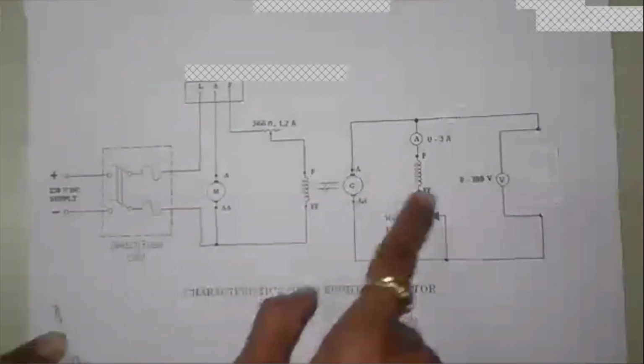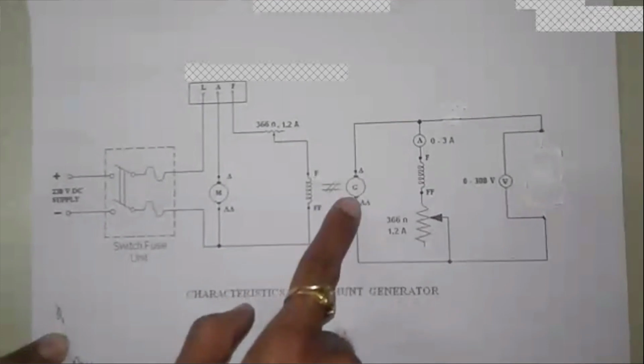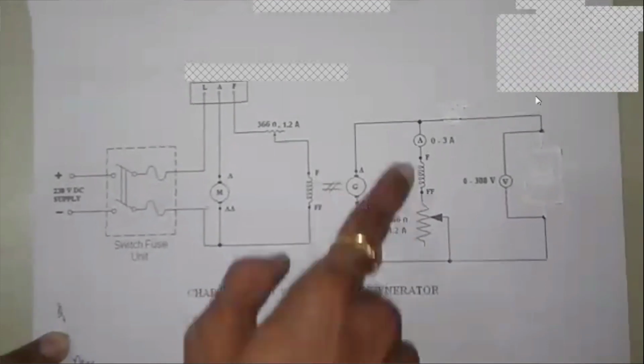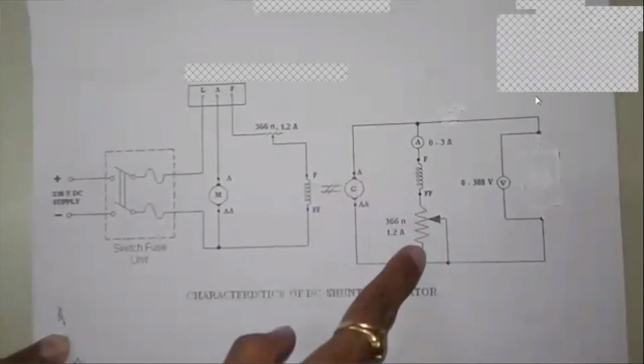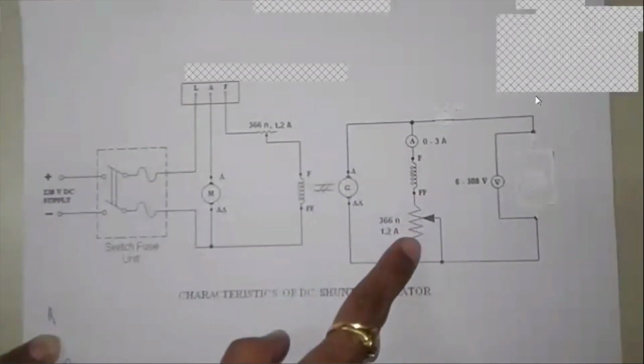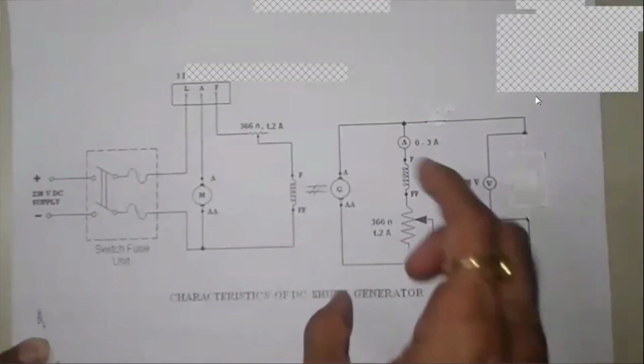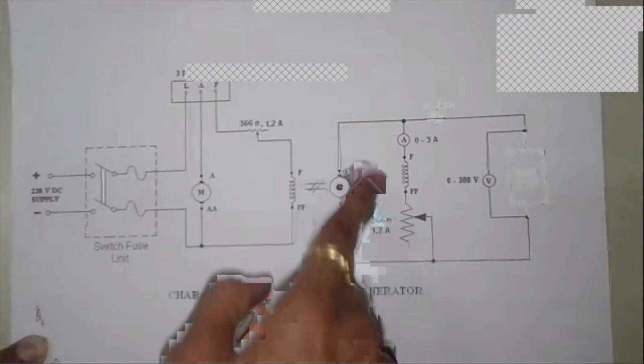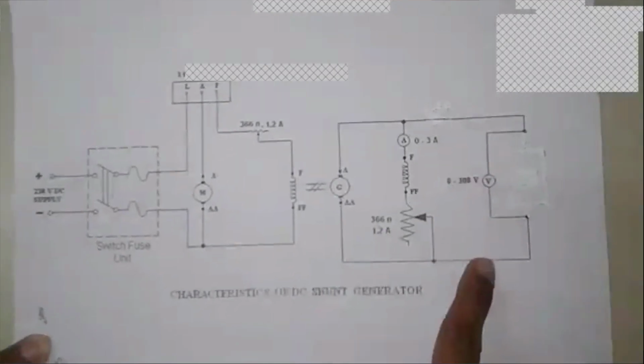So the magnetic flux generated by this field winding induces the voltage inside the armature, and we have to vary the value of the resistance which is connected in series with the field winding. While varying this, we have to measure the generated voltage.